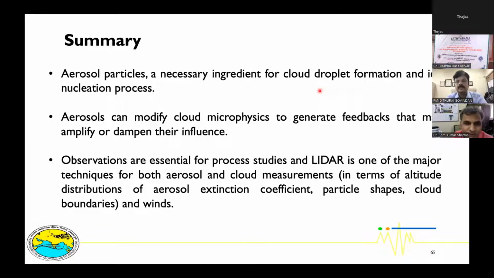If you very briefly can tell, then I think it will be very useful for the newcomers. What are the advantages and limitations of LIDAR for cloud study, and what are the advantages and limitations of studying the cloud microphysical property using radar?